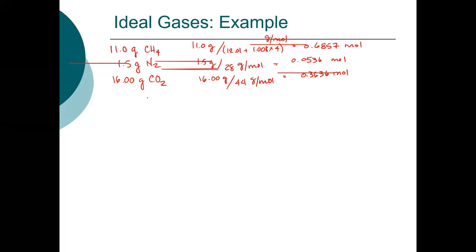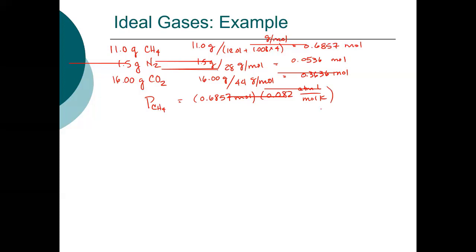So to get the partial pressure of methane, we'll use PV equals nRT. So we have 0.6857 moles times 0.082 atmospheres liters per mole degree Kelvin.